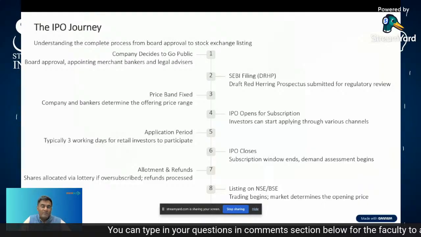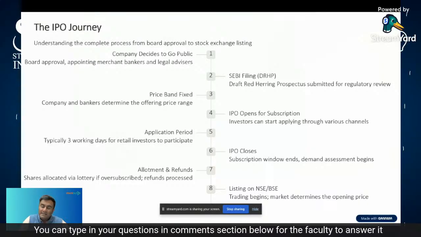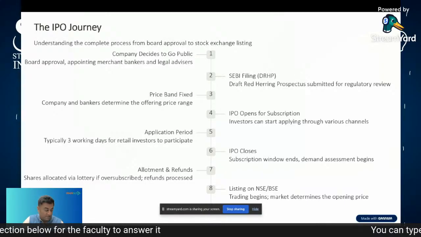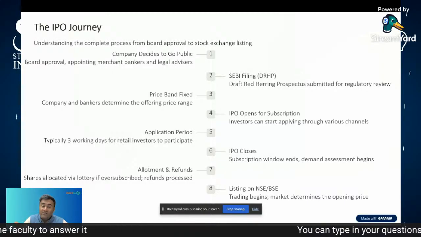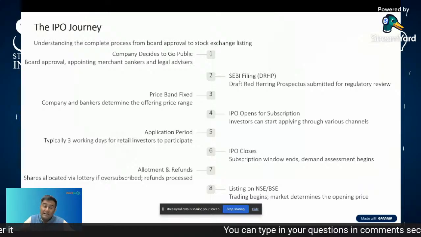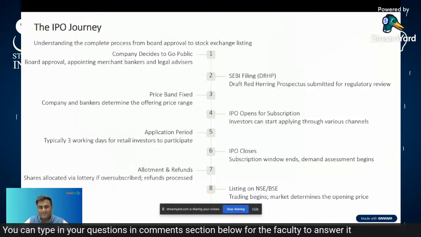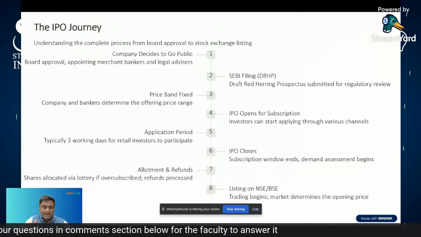When you have made the application, that money is in your account. It is not leaving your account. It's just blocked for a particular purpose. If you win the allocation in the lottery, okay, in that case, money will be withdrawn from your account. Otherwise, the money doesn't leave your account.